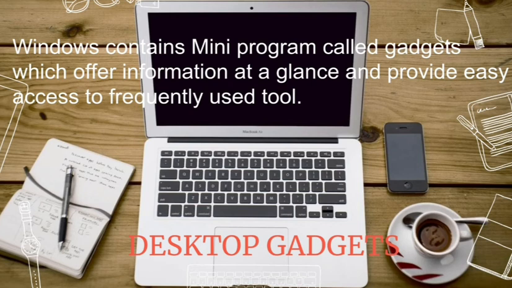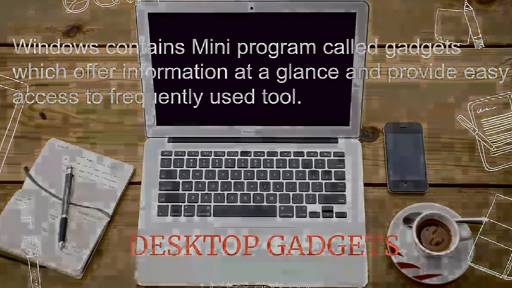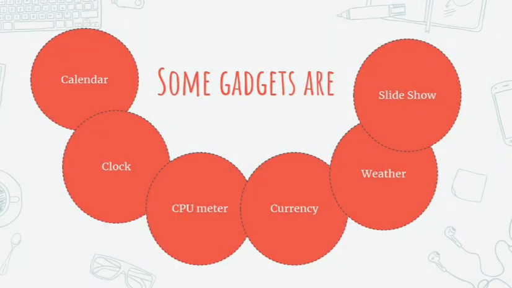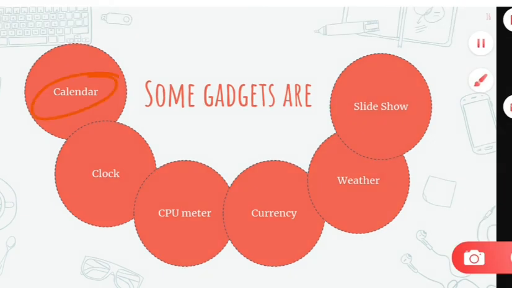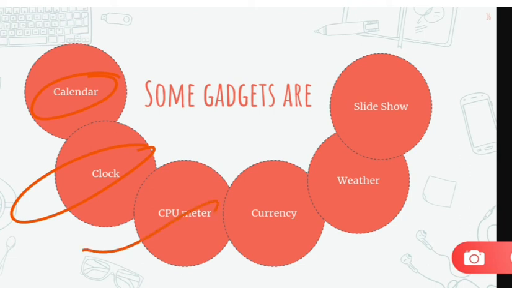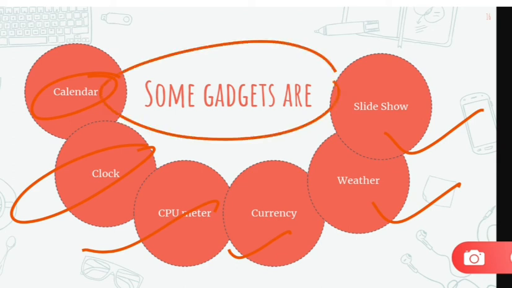Now we are going to see some types of gadgets which we can see in this mini program. We can see the calendar, the clock, the CPU meter, the currency, the weather, the slideshow, and many more things, but I have chosen these main types of gadgets that you should know about.